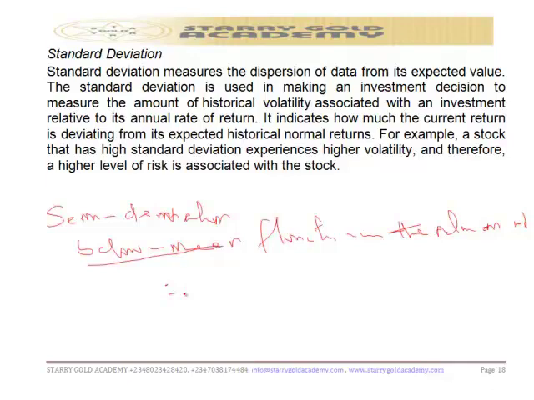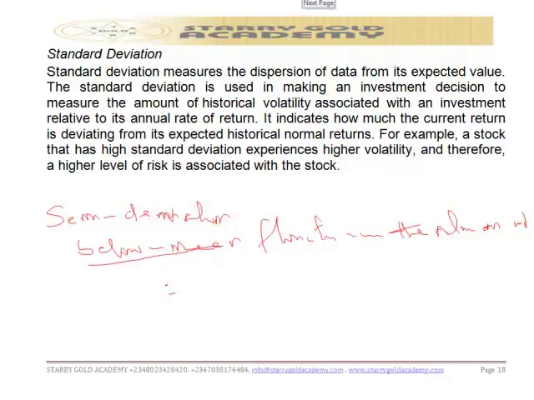So if one is interested in losses and not the gain, it is the semi-deviation that we look into, because it considers the below-mean fluctuation in the return on investment. So that's about standard deviation. What we use it for is to find the dispersion from the average or the expected value.